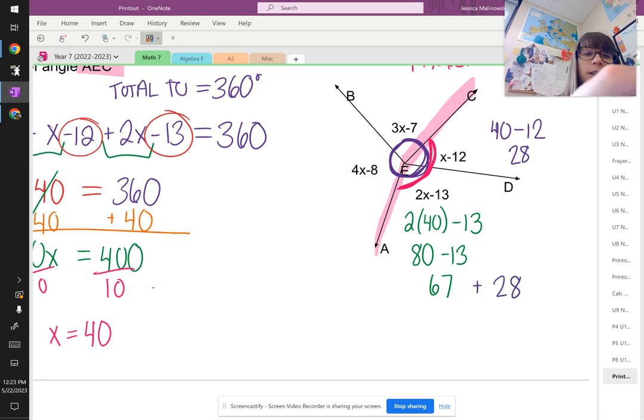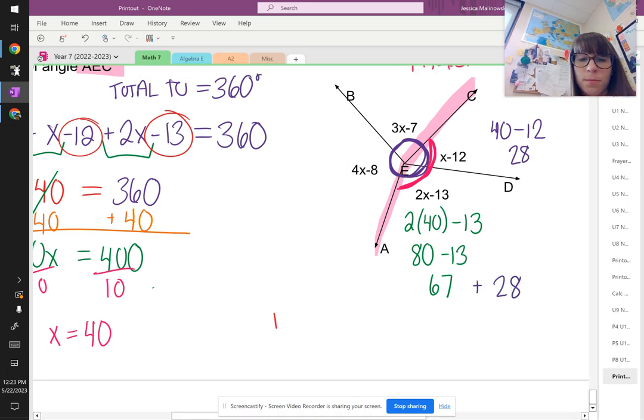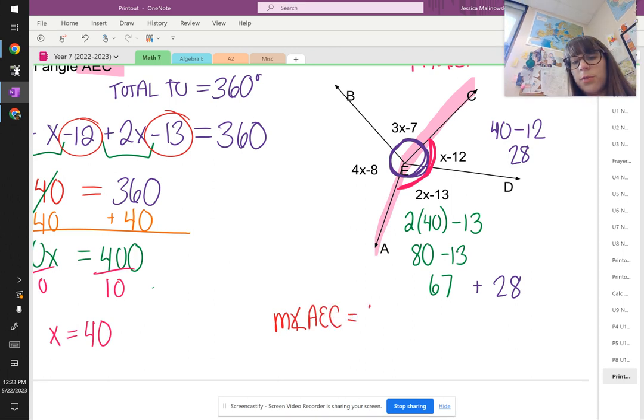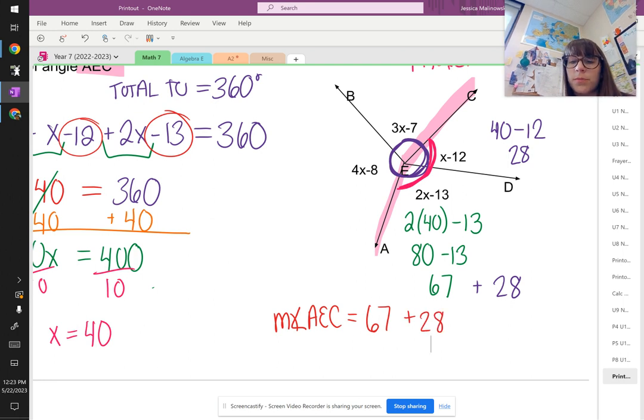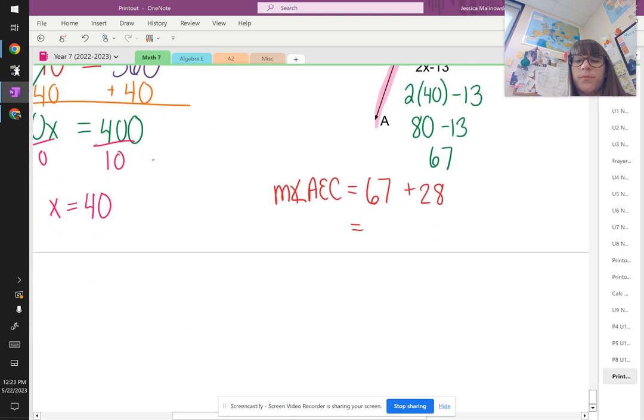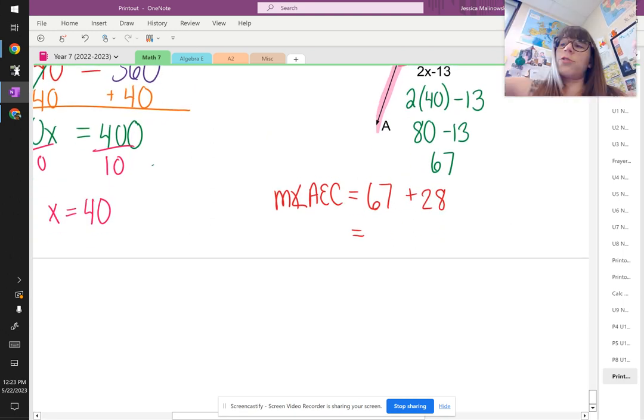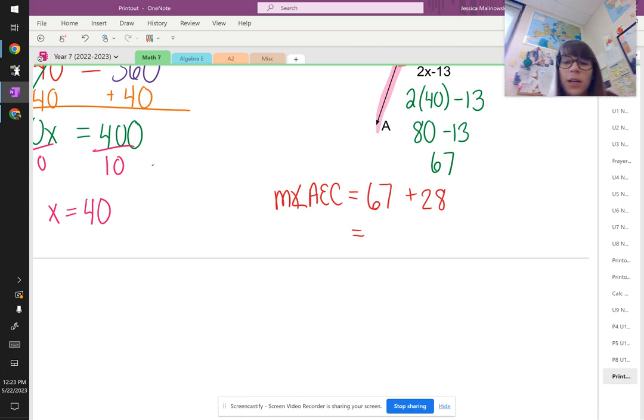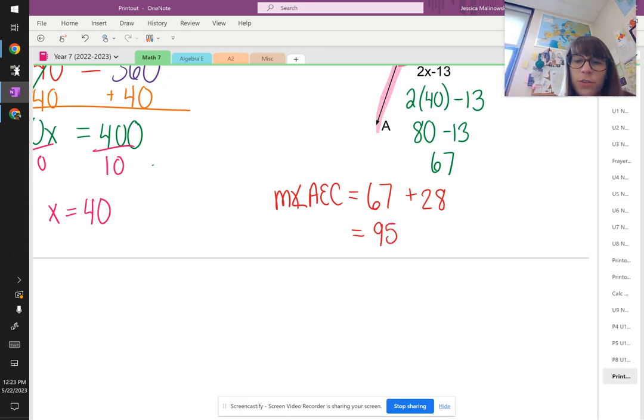So finally, the measure of angle AEC is equal to 67 plus that 28, which I'm just going to double check my math here. 80 minus 13 plus the 28 is equal to 95 degrees.